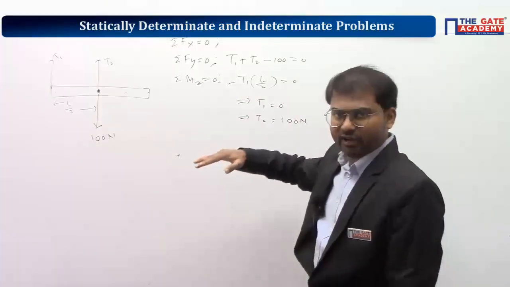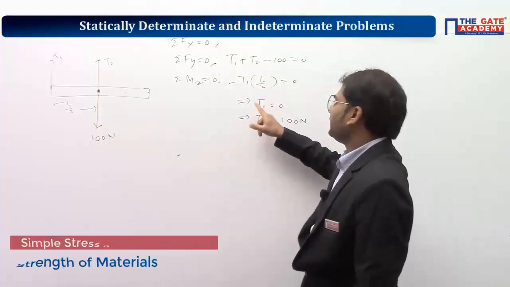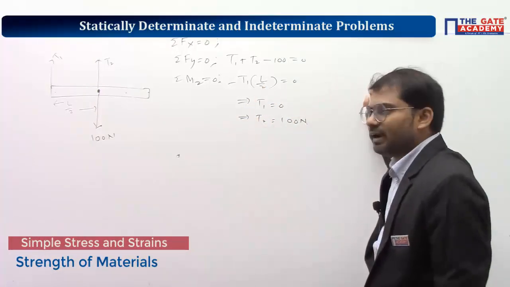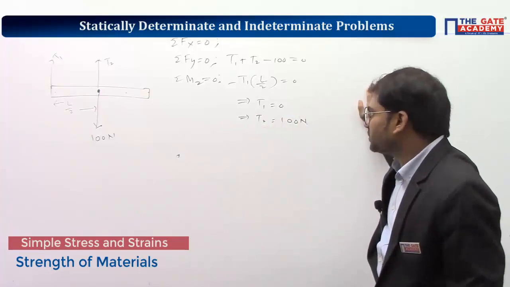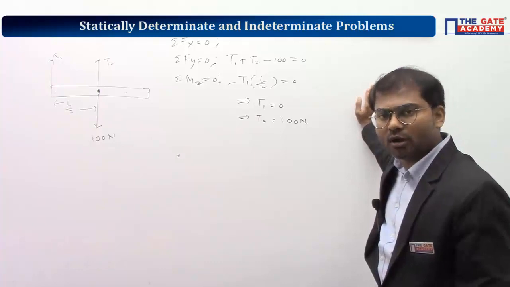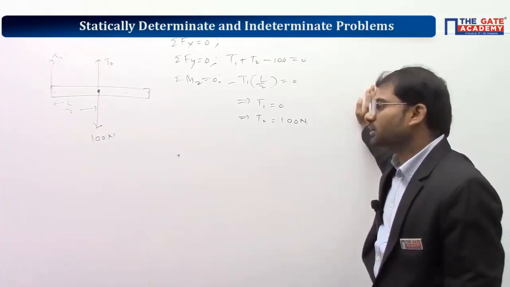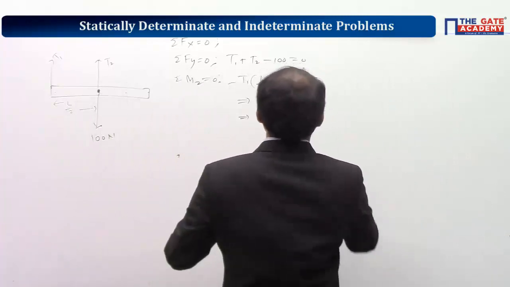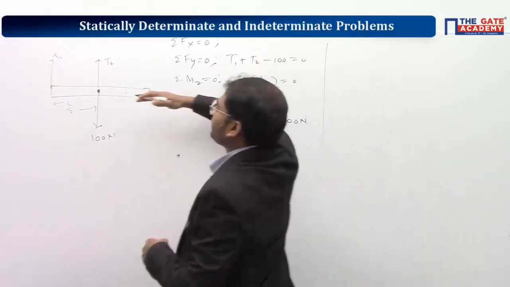So if you go in that way, you will be getting T1 equal to 0 and T2 equal to 100 here. Now, if T1 is 0 and T2 is 100, we can understand that T1 equal to 0 means the left wire will not elongate. Only the right wire will elongate here. So here we should drop the assumption that the bar will be horizontal.